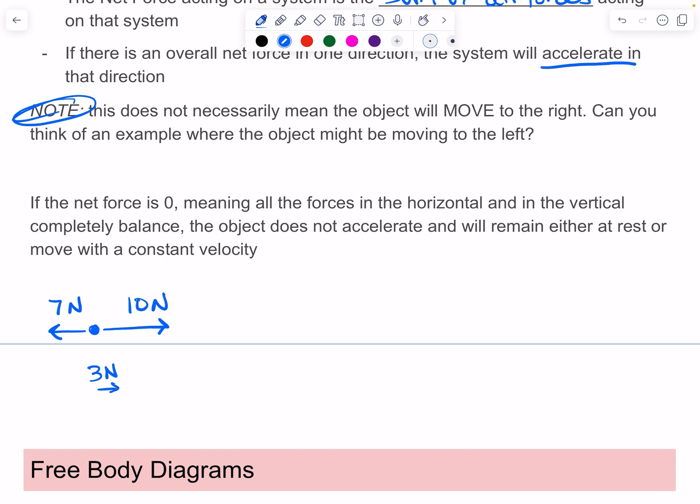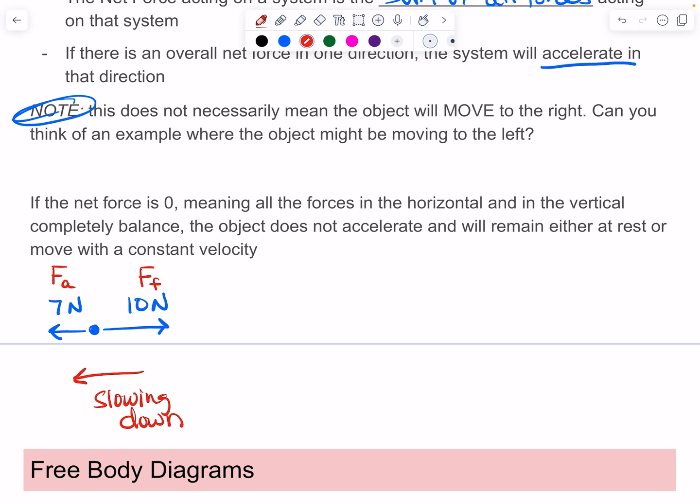But that doesn't necessarily mean the object is moving in that direction. If, for instance, the 10 newtons was a frictional force and the 7 newtons was an applied force, right? The object could be moving in this direction, but slowing down, right?